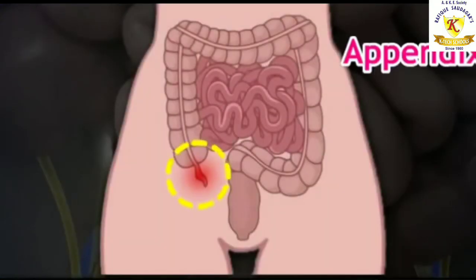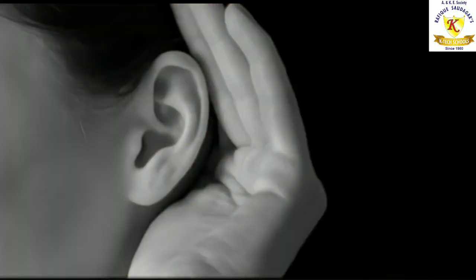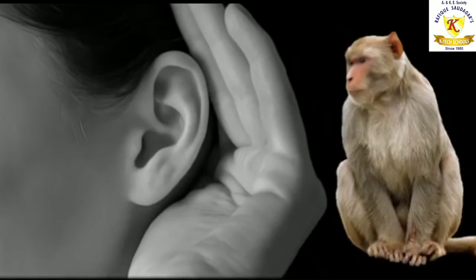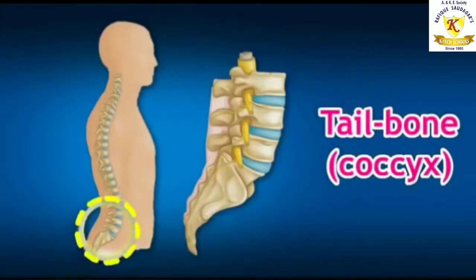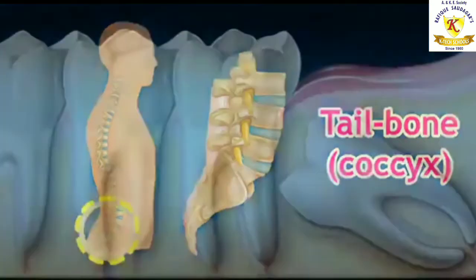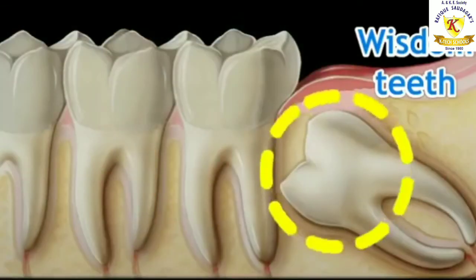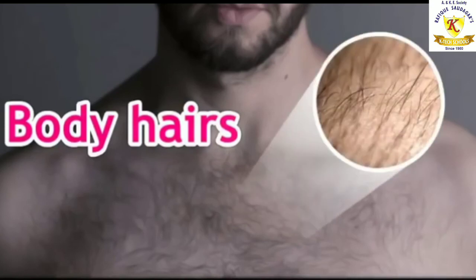Appendix, which is useless to human, is useful and fully functional organ in ruminants. Similarly, muscles of ear pinna, which are useless to humans, are useful in monkeys for the movement of ear pinna. Various vestigial organs like a tailbone, coccyx, wisdom teeth, and body hairs are present in the body of human being.